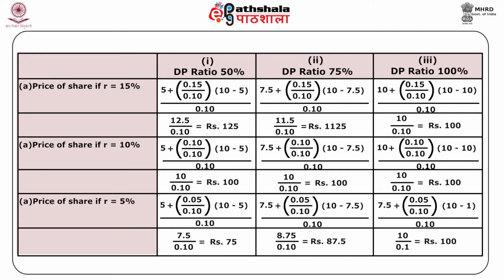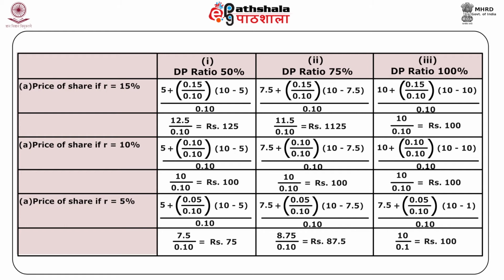At R of 15% and DP ratio 50%, we get rupees 125. At DP ratio 75%, we get the price rupees 112.5 and at DP ratio 100%, we get a price of rupees 100.